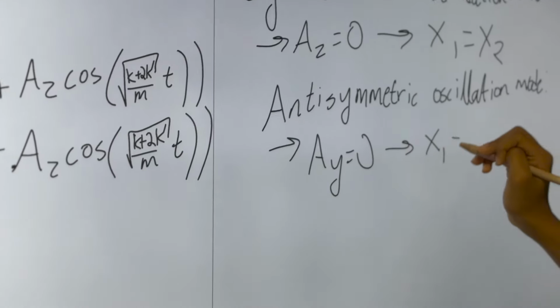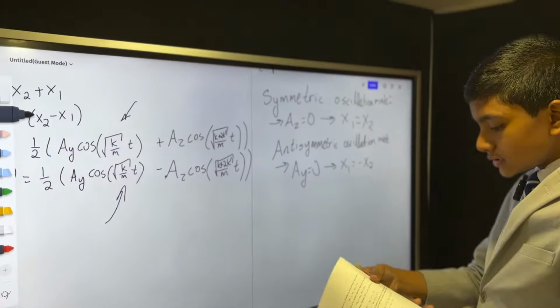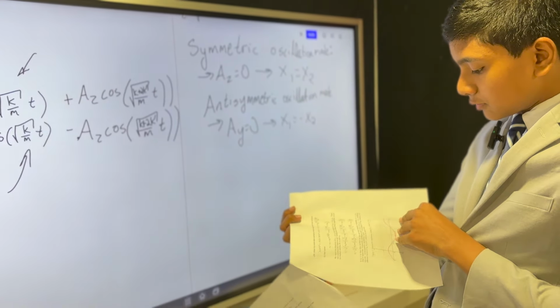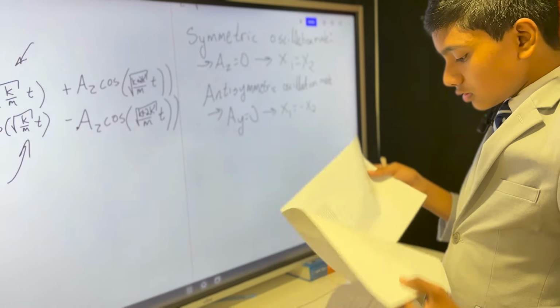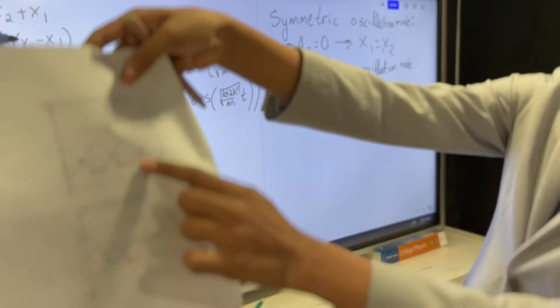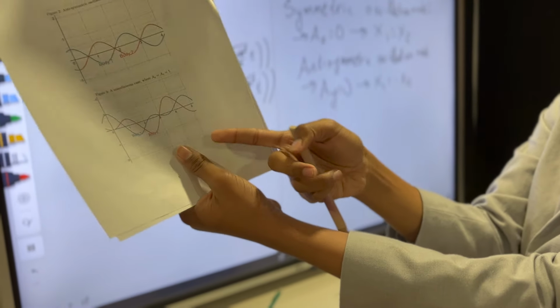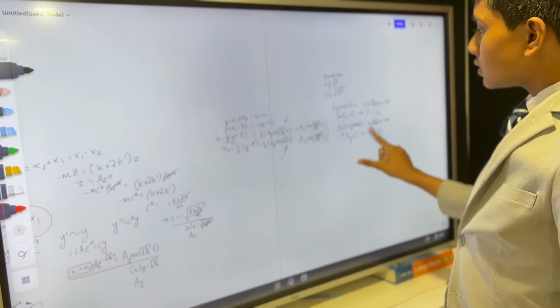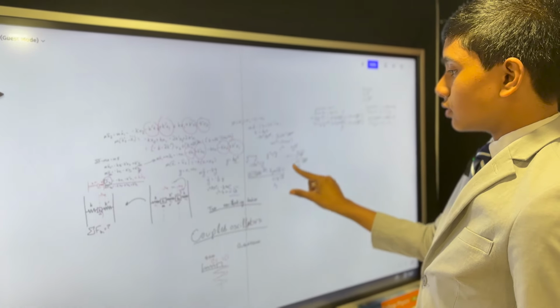So x1 is equal to minus x2, which you can see illustrated right over here. And we've also got a miscellaneous case where both ay and az are 1 in this image over here. So that's how you look at the equations for a coupled oscillator. And next time, we'll actually cover generalizing these oscillators with linear algebra.